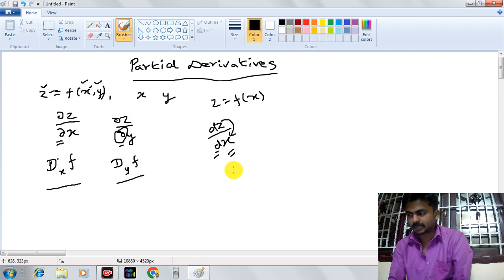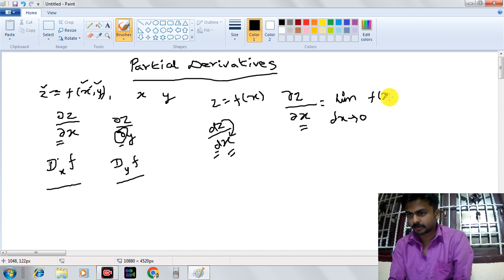Now what will be dou z by dou x? Dou z by dou x is nothing but the limit as delta x tends to 0 of f of x plus delta x comma y minus f of x comma y, divided by delta x. Since I am differentiating partially with respect to x, there will be a very, very small change delta x.